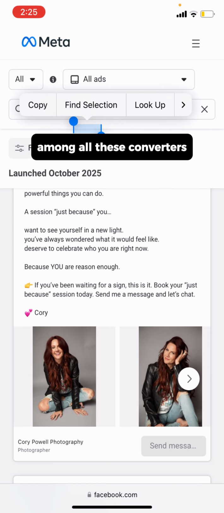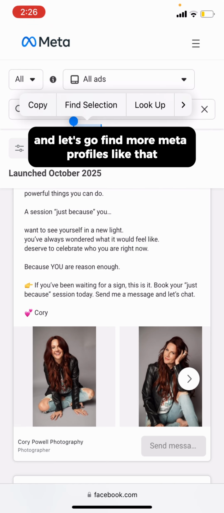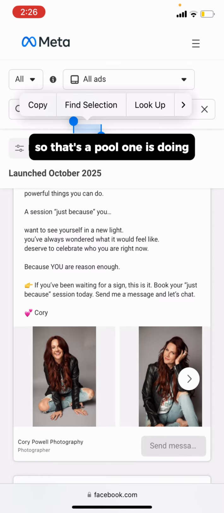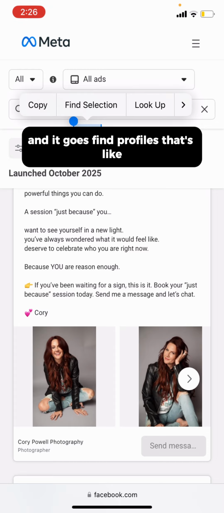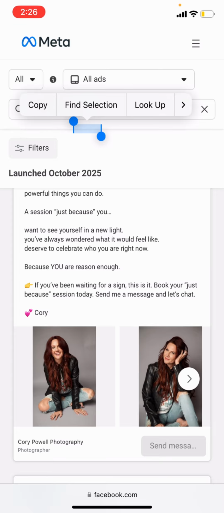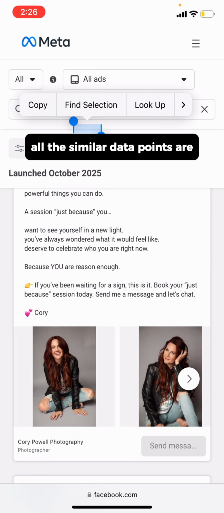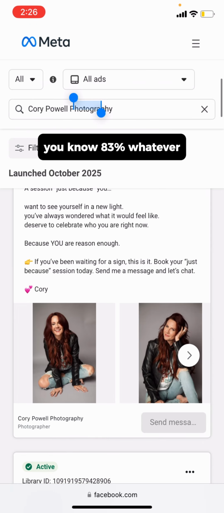So among all these converters, what are the common data points? And let's go find more Meta profiles like that. So that's what pool one is doing, and it goes to find profiles that are like 93% similar to all these, or 83%, whatever.